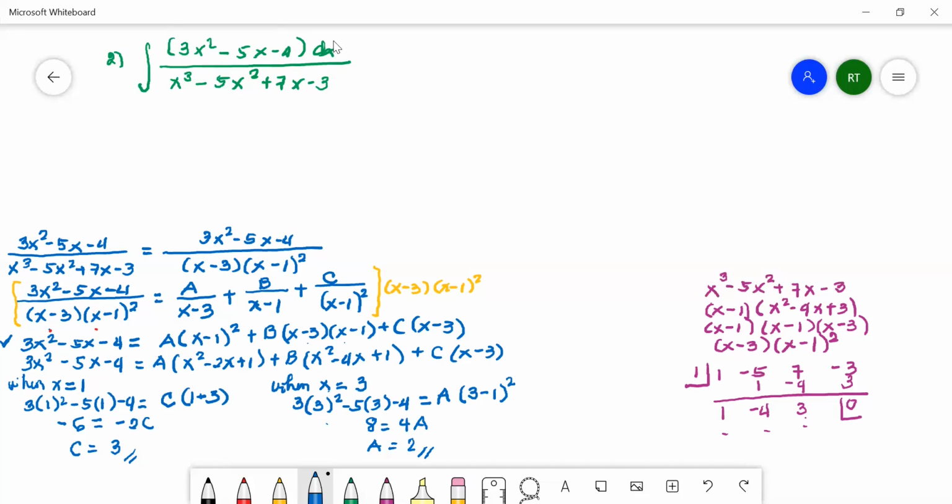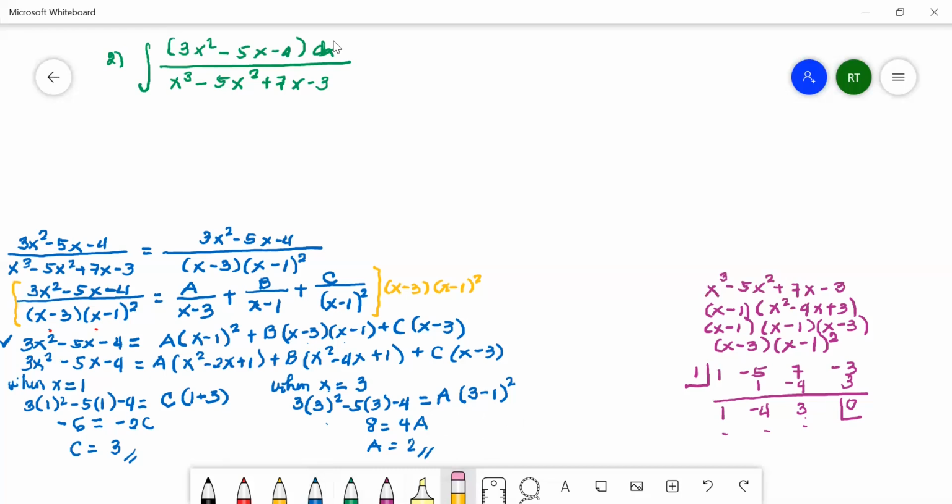Ang problema natin, we do not have yet the value of b, the constant b. So in that case, we can use the second method for solving the constants a, b, and c in the sum of partial fractions, and that is equating coefficients of x raised to n.